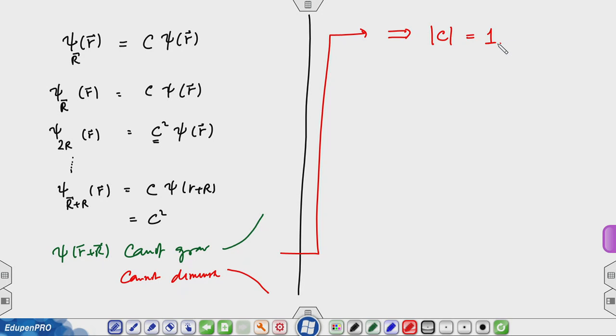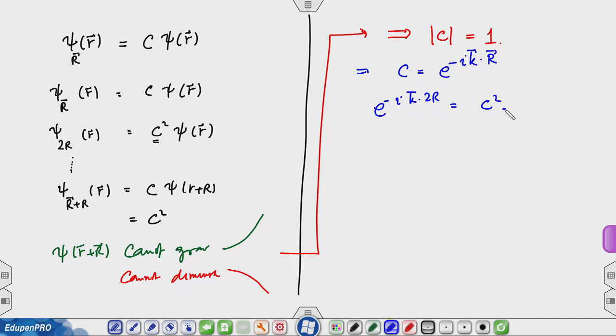It cannot be a real number, and this implies I am going to write c equals e raised to minus i k dot r. This is satisfied if I do it twice: e raised to minus i k dot 2r is nothing but c square, and mod c is 1.